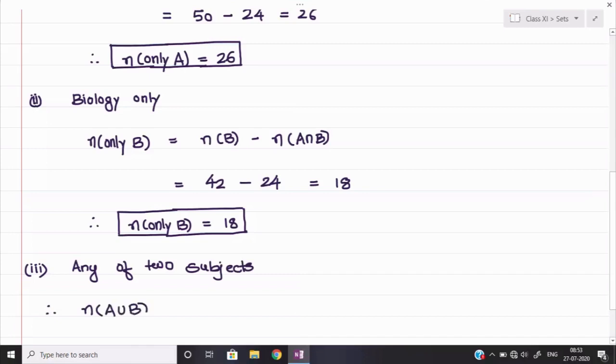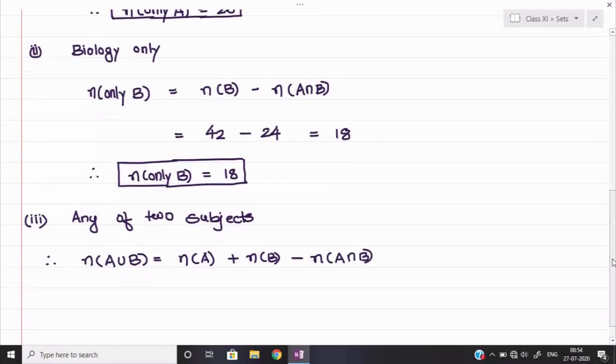So the n of A union B formula, we have covered many times, is n of A plus n of B minus n of A intersection B. n of A is given here 50, and n of B is given here as 42, and n of A intersection B is given here as 24.